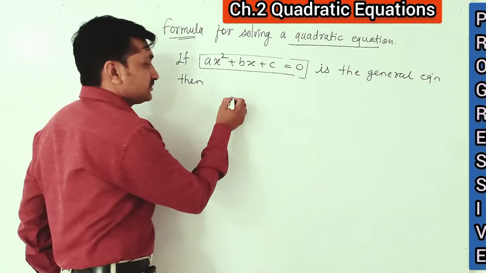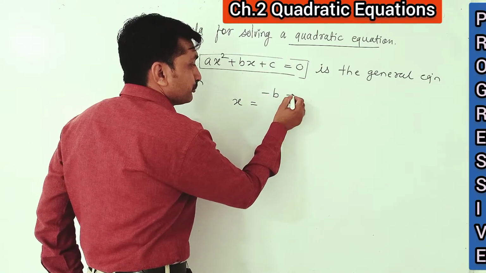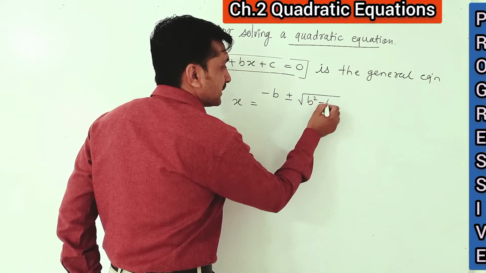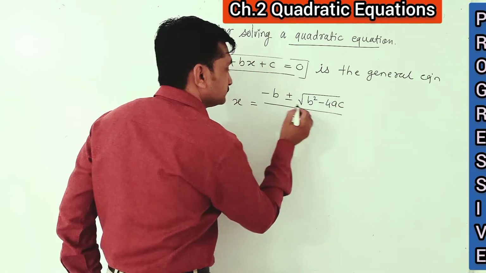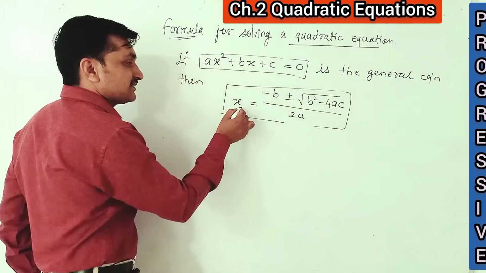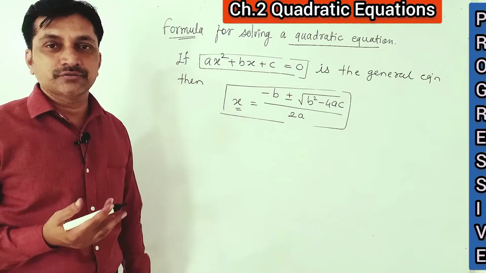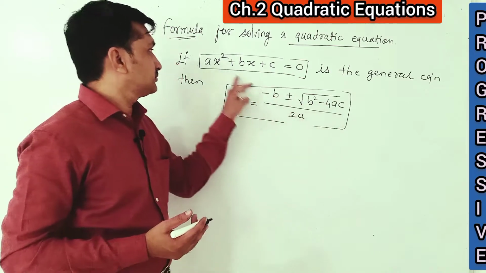That formula is x is equal to minus b plus or minus square root of b square minus 4ac upon 2a. Now this x means we get roots. We get roots x, and here are the abc values.